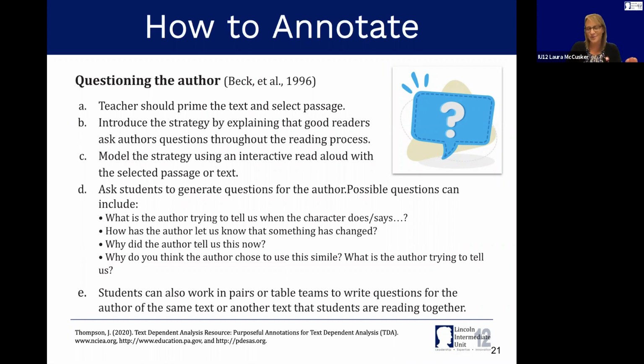I went to Catholic school for many years, and so you may remember hearing "leave room for the Holy Spirit," right? Leave room for the author in any discussion that you're having about a text. Students early and often need to be very aware that there is that presence of the author in everything they're reading. And so using a strategy like this helps them remember that that's always the case. The author always made decisions intentionally that ultimately affect you as the reader.